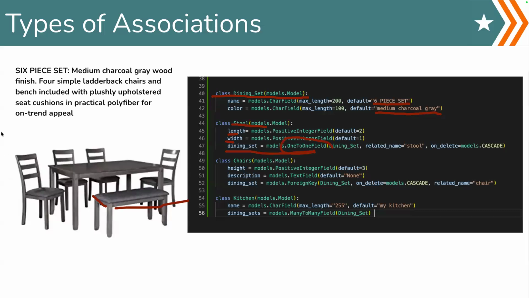Notice the way it's establishing the relationship is simply by stating, hey, we want to establish a relationship with the model of dining set. And that's the model that we see up above. We then have a related name field, which I'll talk about once we get into actually seeing some programmatic examples. And we have the on delete models.cascade. Well, look at that.